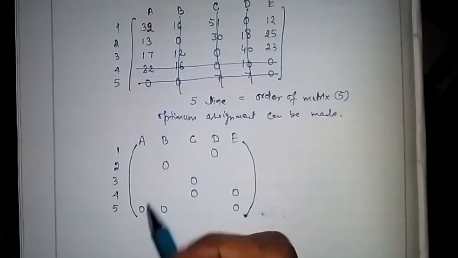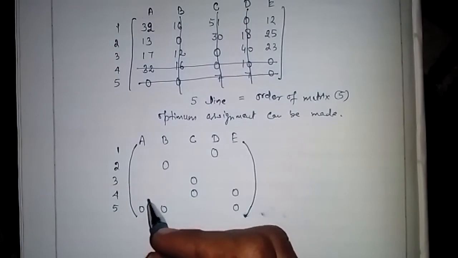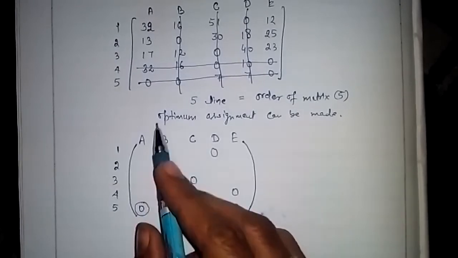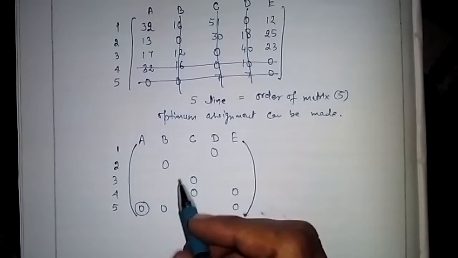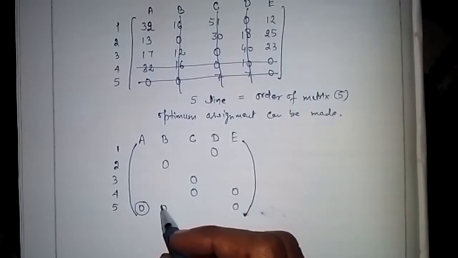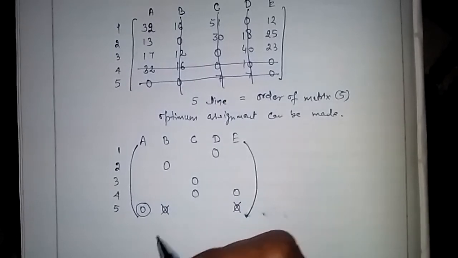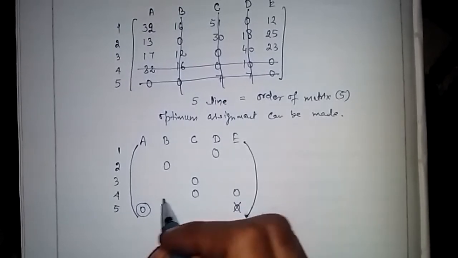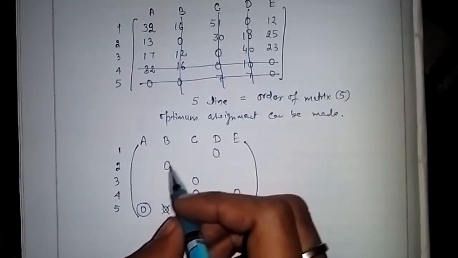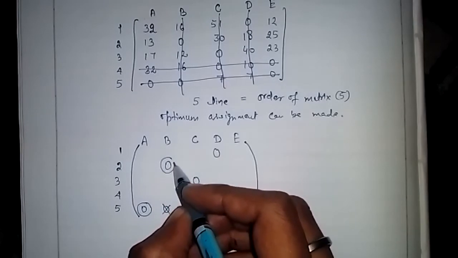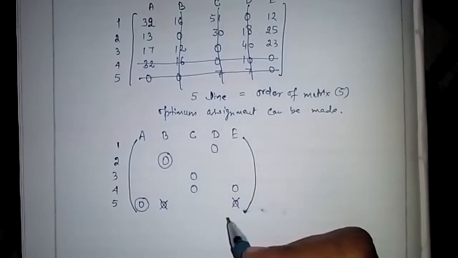So like the first column contains exactly 1 zero, so we'll assign the fifth job to machine A. And we'll cross these zeros so that this job cannot be assigned to any other machine. And now we can see that the column B contains exactly 1 zero, so we'll assign job 2 to machine B.